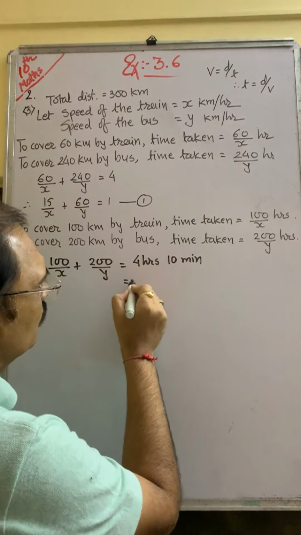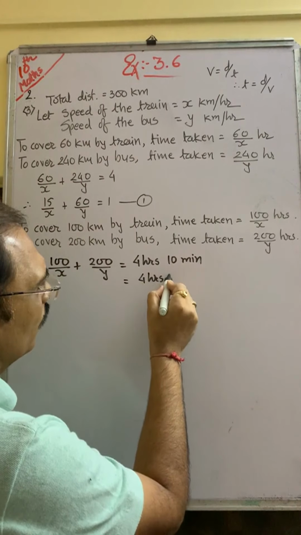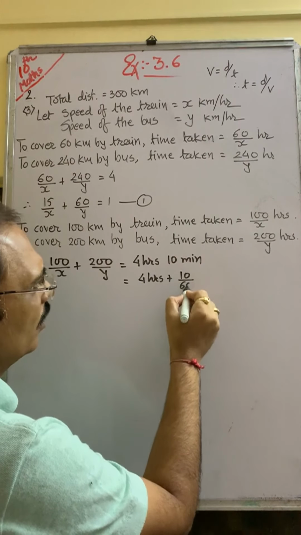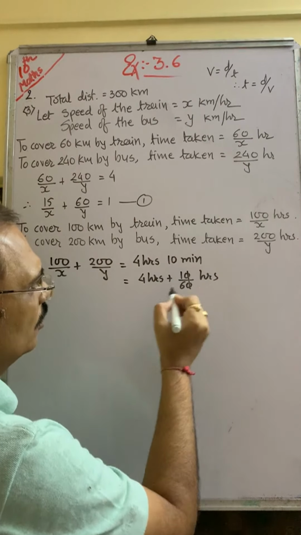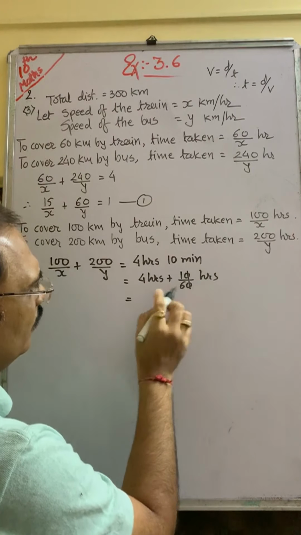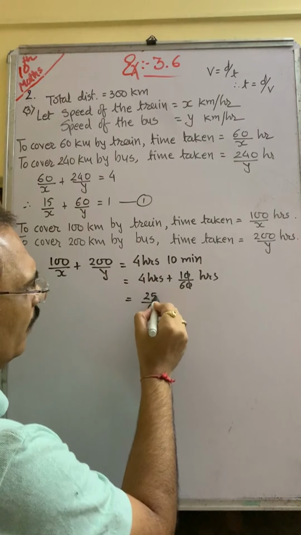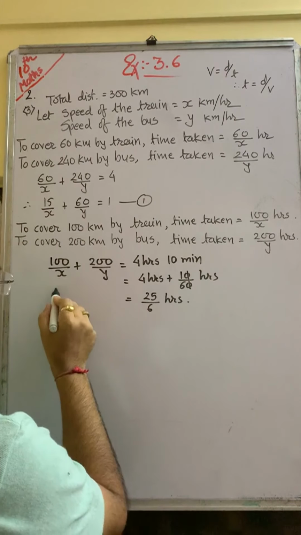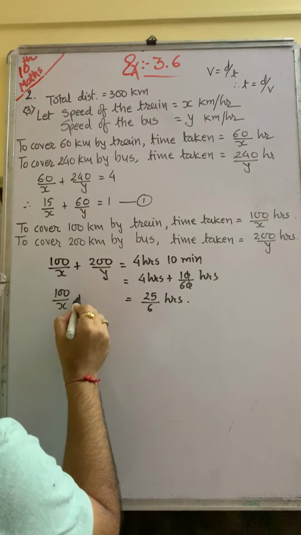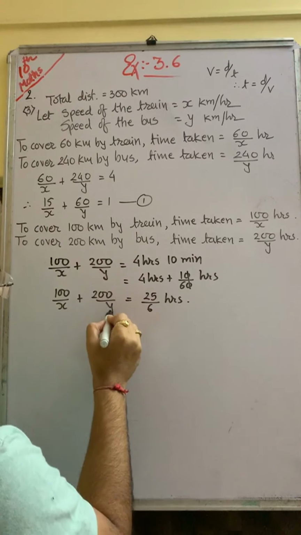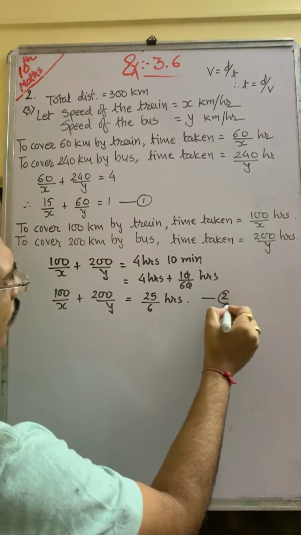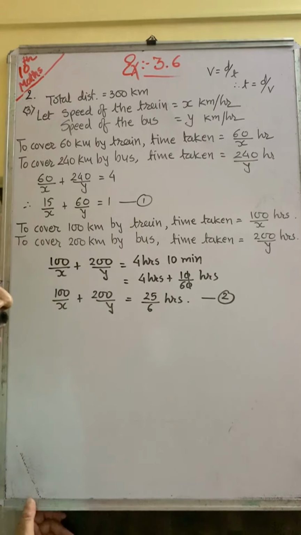That is equals to 4 hours plus 10 minutes means 10 upon 60 hours. 0 0 cancel. 6 LCM. 6 4s are 24 plus 1, 25 upon 6 hours. So 100 upon x plus 200 upon y equals to 25 upon 6. Okay, this is the equation number 2.